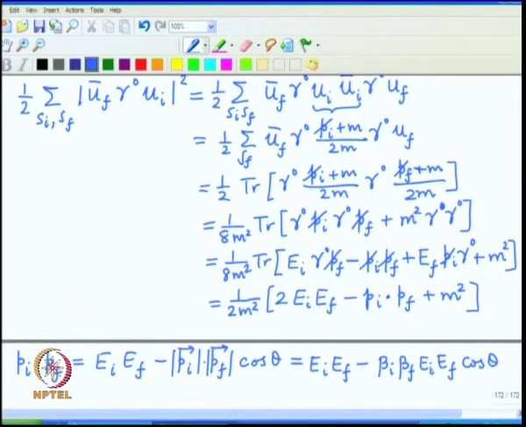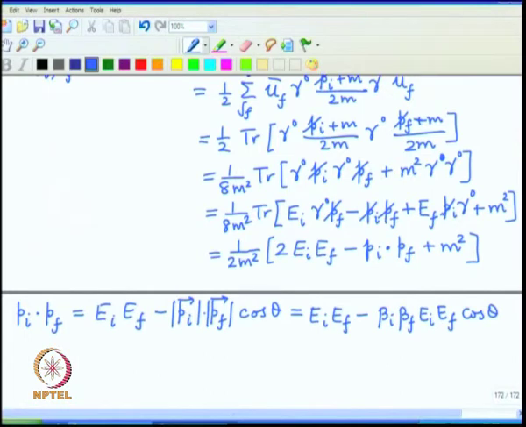Now, this can be further simplified by noting that the process which we are using is an elastic process, so the initial and final energies are identical. So, E_I is equal to E_f, beta_I is equal to beta_f, and the whole structure then simplifies further, and one now has a simple looking form for the whole cross section.